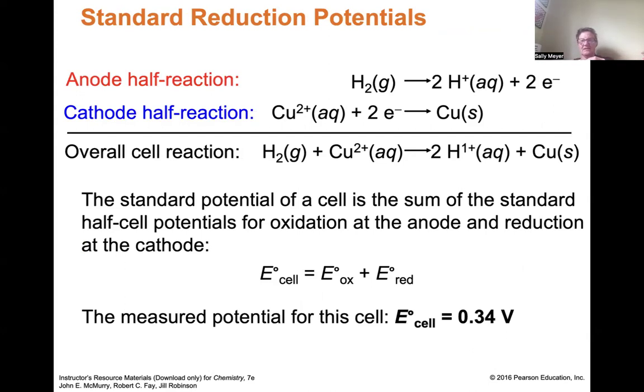The top one, we see the hydrogen is being oxidized and the copper is being reduced. So when I go to my table, they're called standard reduction potentials in my table. So that means that I take it right out of the table for the copper, but what I take out of the table for the hydrogen, I have to reverse the sign.